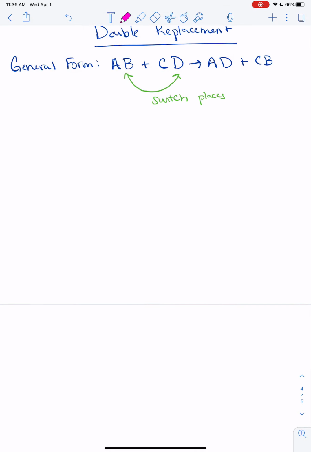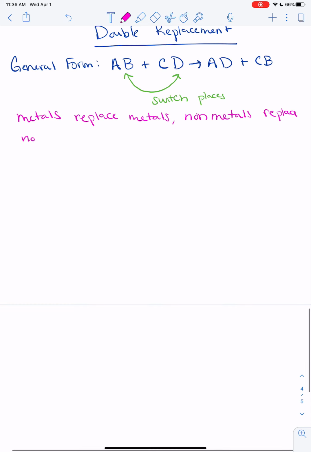So what happens is our metals and our non-metals switch places. So metals, again, replace metals, and our non-metals replace non-metals. And you get two new compounds.